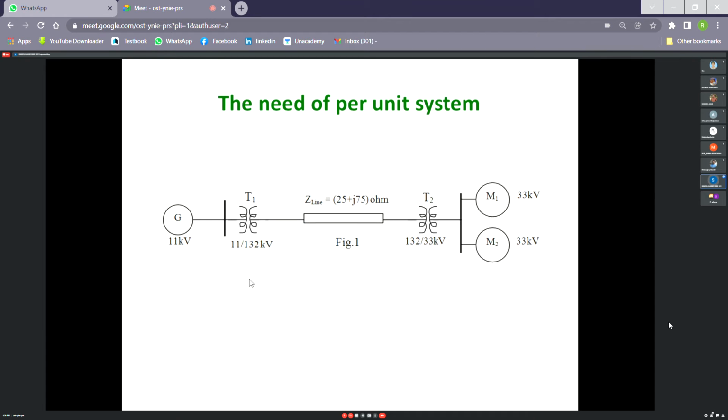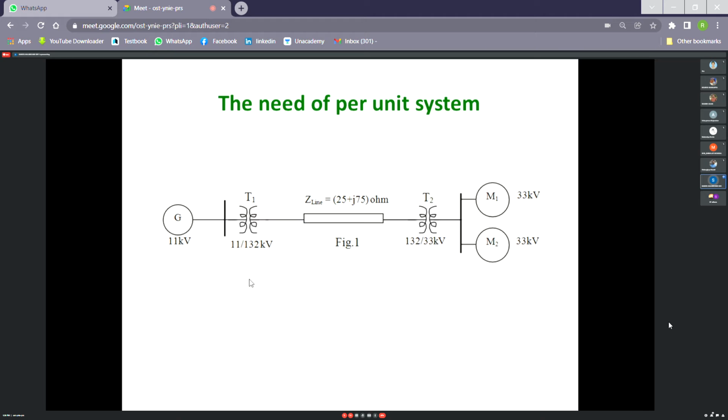But if we say one student has got 584, another has got 684, this type of information does not allow a proper comparison, a proper analysis. Per unit system is more or less like percentage. We calculate on a percentage basis, then we convert it again into the actual value.